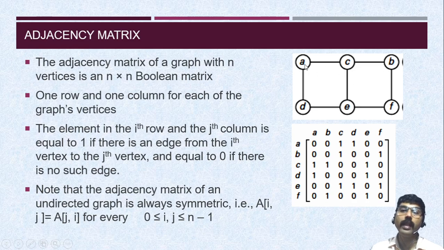If there is an edge between the ith element and the jth element, we consider this one as i and this one as j, and we represent it by 1. For example, see here, there is an edge between A and C, so we put 1 here, that indicates that there is an edge.